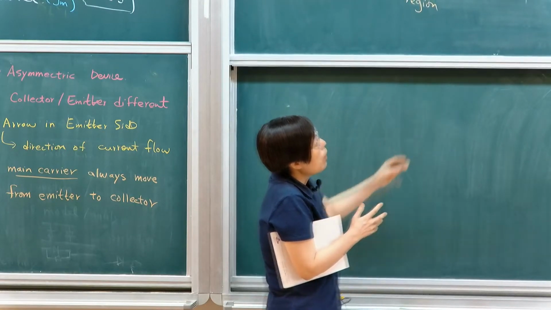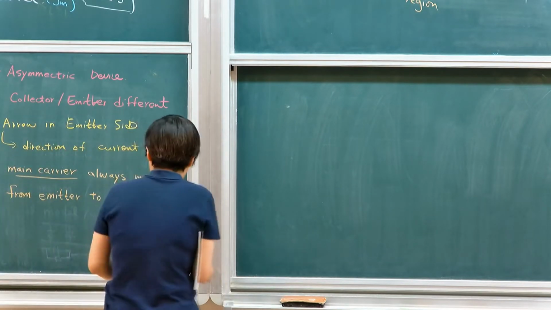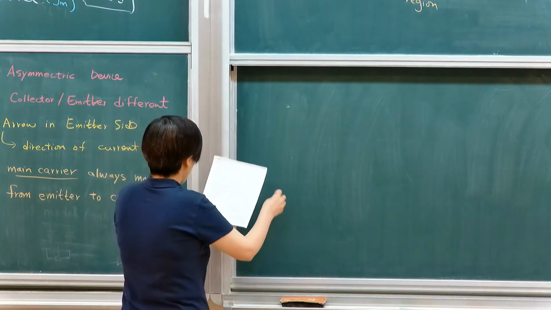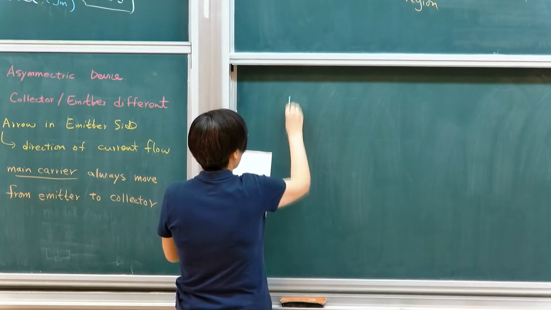So once we know how to make the device, the next important thing is to understand that the device consists of two junctions, right? Let me draw this again.